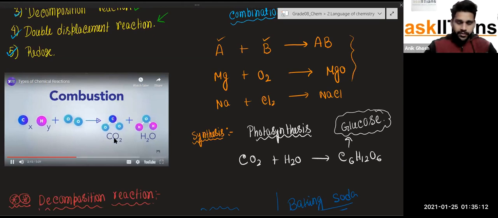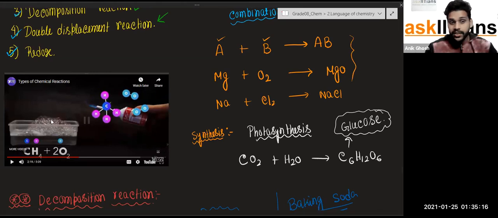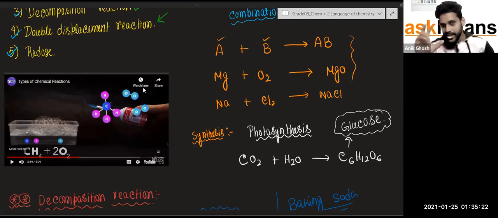Right? So now you can see they are trying to make this reaction with methane gas. I think you've heard about methane gas, and that is there in CNG, compressed natural gas. Methane gas and oxygen. Let's see what would happen.